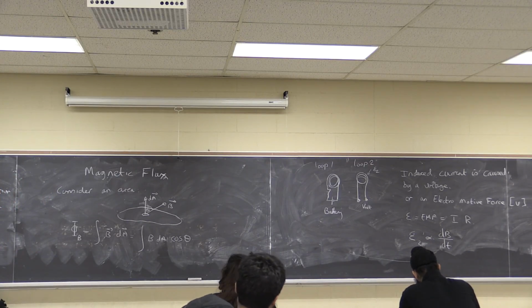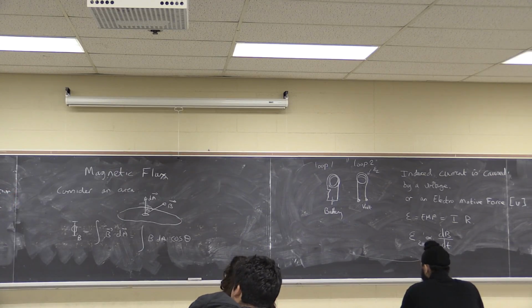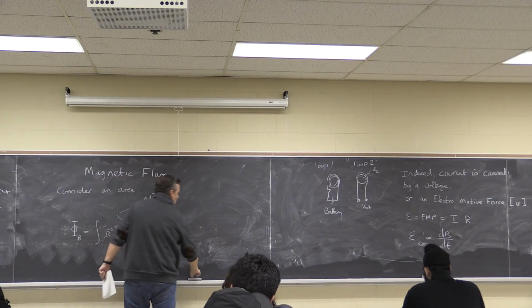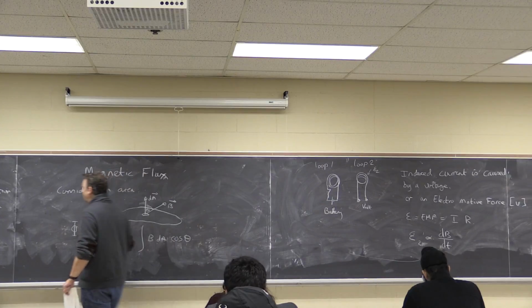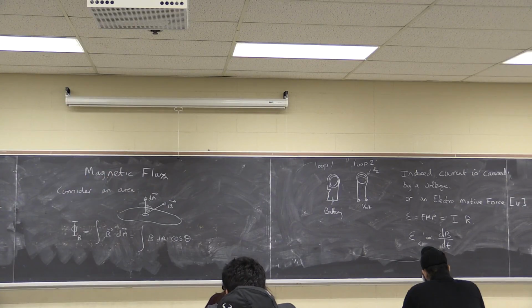But we know a changing flux is what gives me the changing voltage in the field. So that allowed Faraday to come up with, or postulate, pulling all these things together, what we now call Faraday's law.